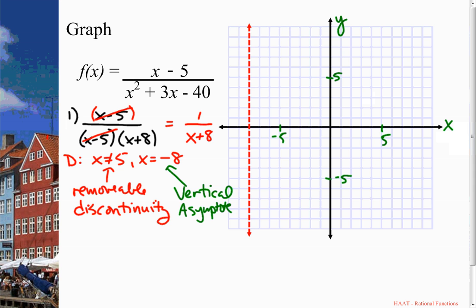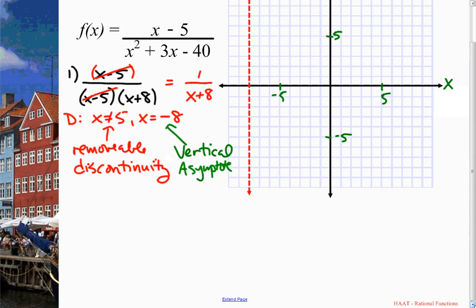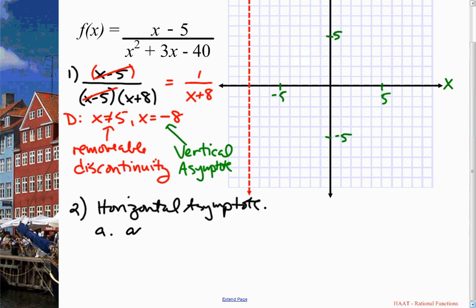To find a horizontal asymptote, what you can do is this. Horizontal asymptote, part A, this is one way to do it. As x goes to infinity, my function goes to what?